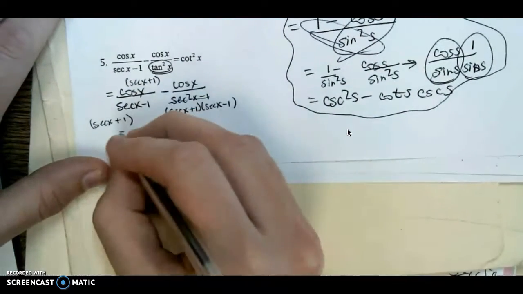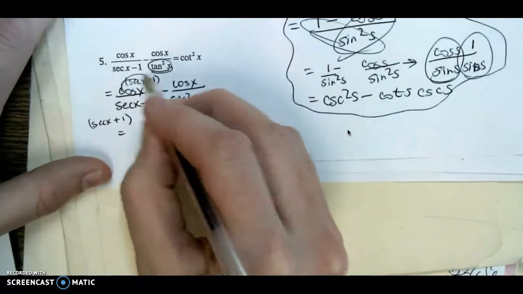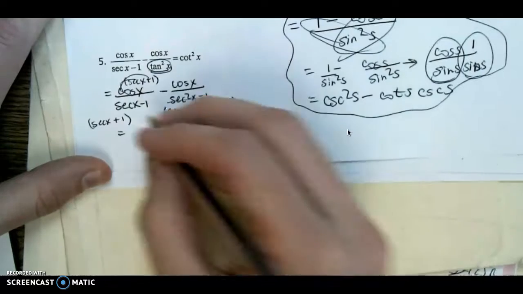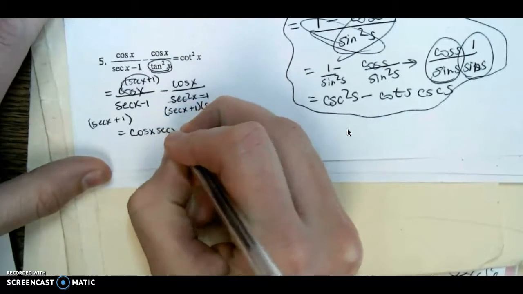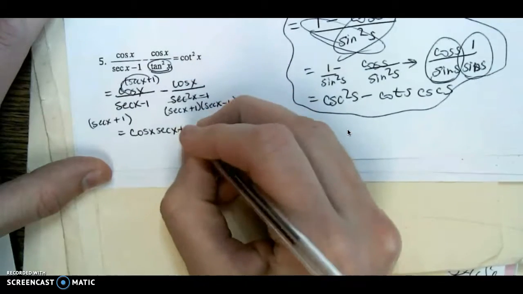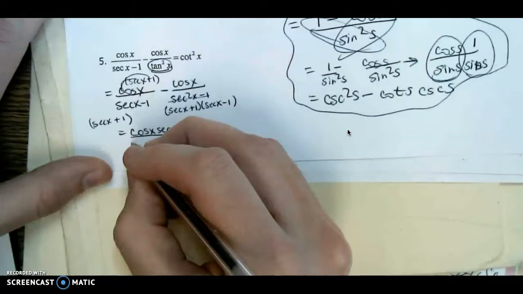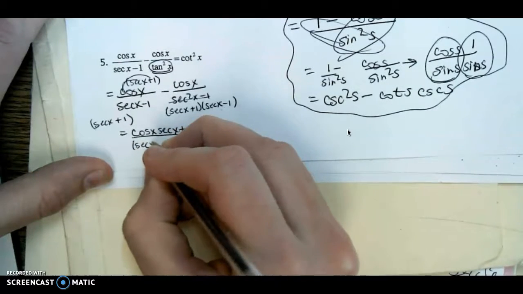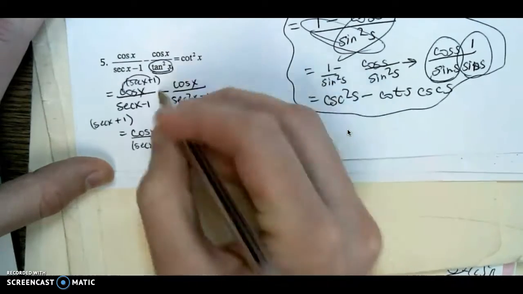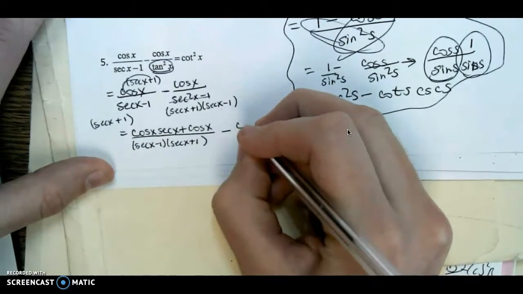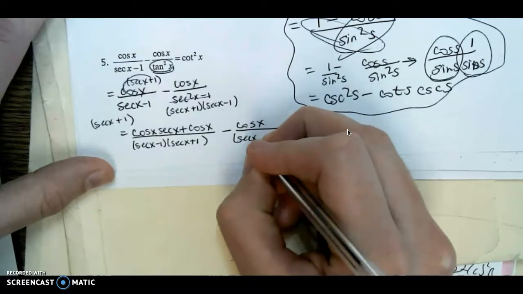Now, that is going to give me, I'm going to distribute this cosine. So that'll be cosine secant plus cosine over secant minus 1, secant plus 1, and then minus the other fraction, which is just cosine on top and those common denominators.